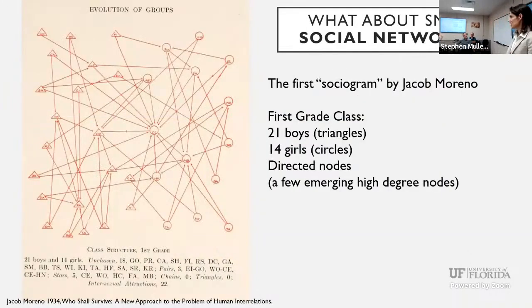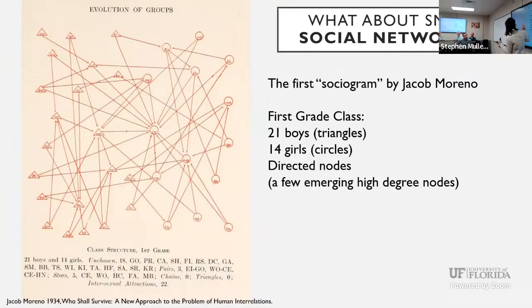But what about small social networks? What about these little stories? This is an example of one of the first sociograms, by Jacob Moreno, who published this in 1934 but presented it at a medical conference in 1933. This is of a first grade class, and it actually is spatial, so he went to look at the first grade class.